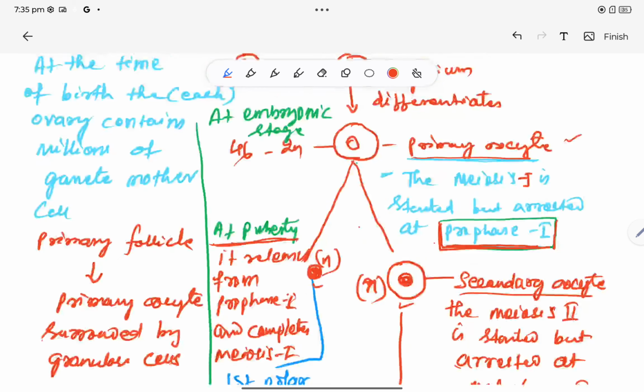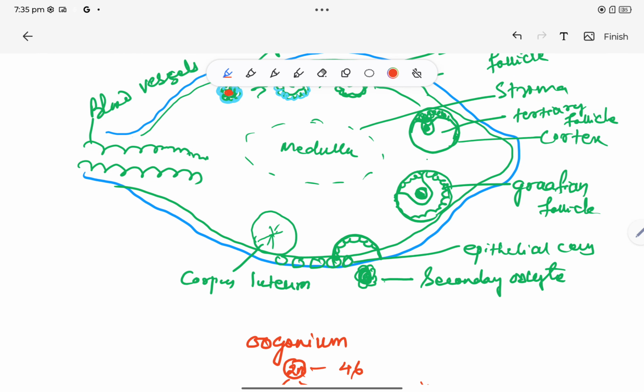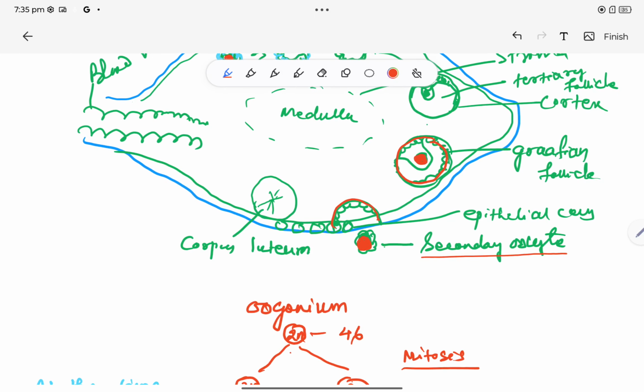ठीक है, अभी मैं आपको ऊपर वाले डायग्राम में ले जाती हूँ. देखो यहाँ पर हमने आपको डायग्राम दिखाया था, ये था आपका ग्राफियन फॉलिकल जिसमें आपका सेकेंडरी oocyte था. नाउ दिस ग्राफियन फॉलिकल कम्स टू द सरफेस एंड इट रिलीजेस द सेकेंडरी oocyte. ठीक है, लेकिन ये जो सेकेंडरी oocyte आप पुरानी बुक में देखोगे वहाँ पर ovum दिया है, that is wrong. अभी न्यू बुक में आप देखो, this is secondary oocyte, this is the only correct answer. सो सेकेंडरी oocyte स्टेज में एग रिलीज होता है ओवरी से एंड दिस प्रोसेस इज कॉल्ड ओवुलेशन.